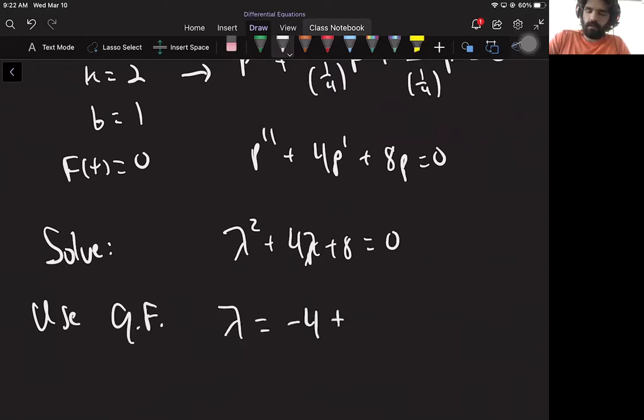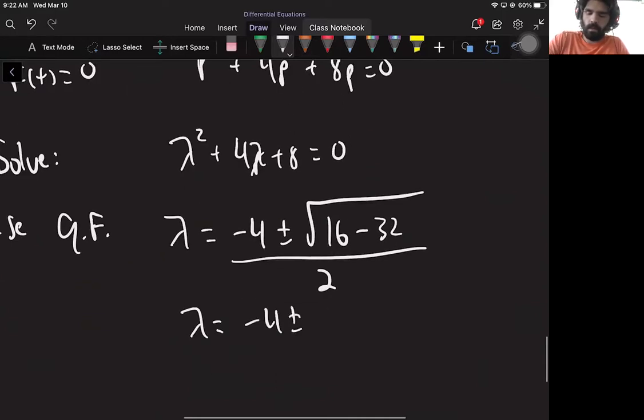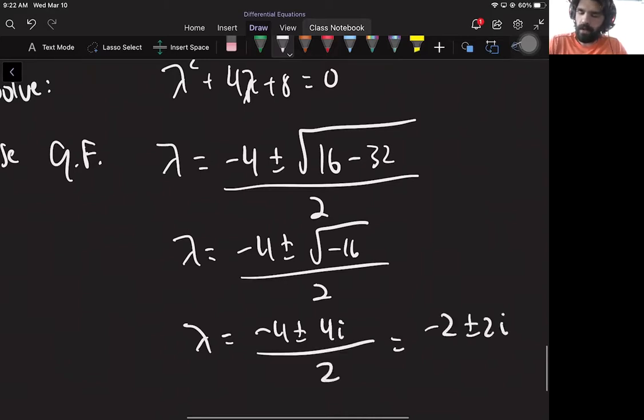So negative b plus or minus the square root of b squared is 16 minus 4 times 8 is 32. So skipping some steps because this is going to be a long video. So this is negative 16 over 2. So now we see that we're going to get some imaginary numbers. Plus or minus 4i over 2. So we get negative 2 plus or minus 2i.